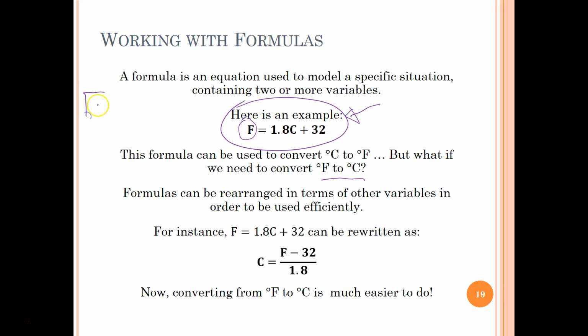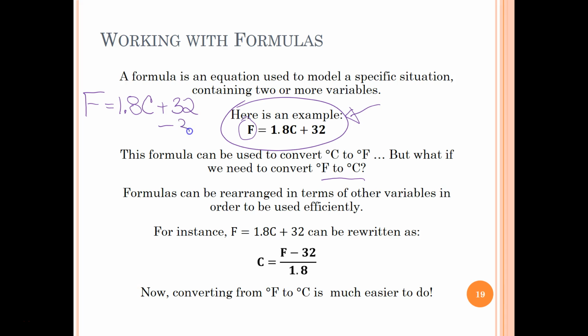If we look at this formula, F equals 1.8, and remember, there's no operation between the variable and the coefficient. It always implies multiplication, plus 32, so we have 1.8 times C plus 32. What I'm going to do is try to focus on the easiest thing to do first, remembering that all of our rules for solving equations will fit here because these variables represent numerical quantities, hence hold the same properties.